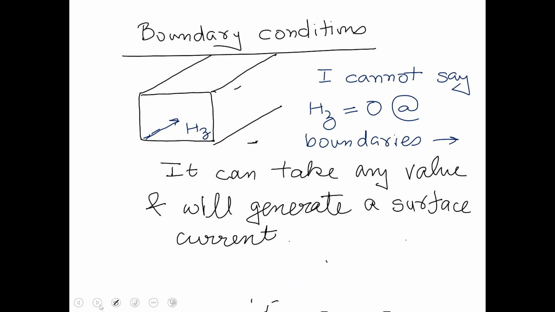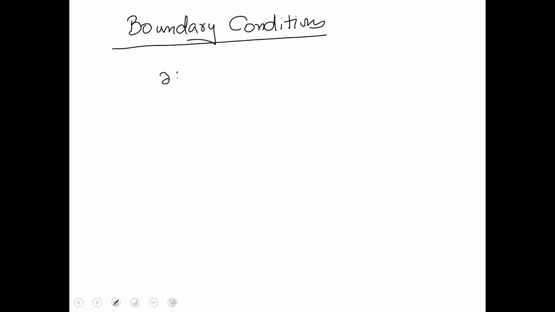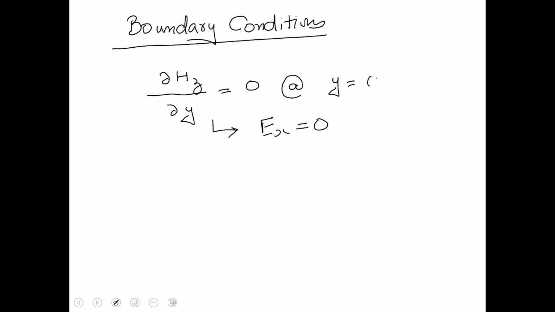So effectively, my boundary conditions are del Hz by del y has to be zero, because my Ex has to be zero, for y equal to 0 and y equal to b.